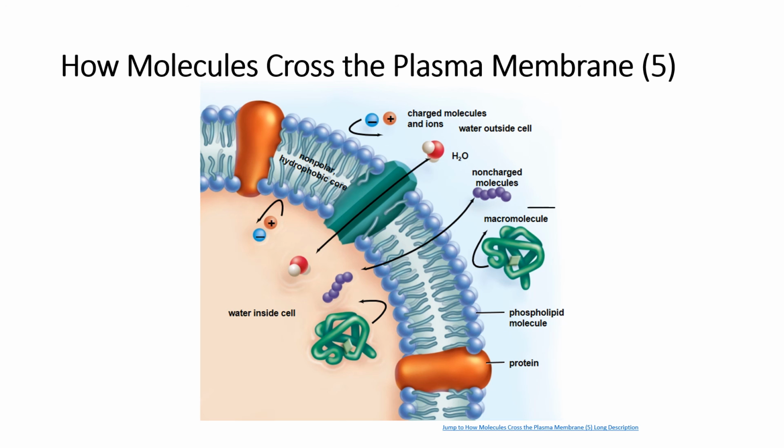And then large things are typically deflected just due to their size. So small and polar can usually go through if there's a membrane protein that is open to them. But if there's no membrane protein, there's no transport of water or ions. The only thing that could pass is something small and uncharged.